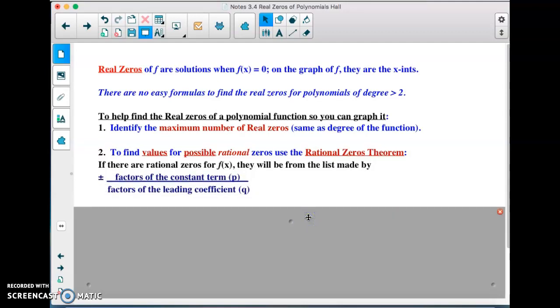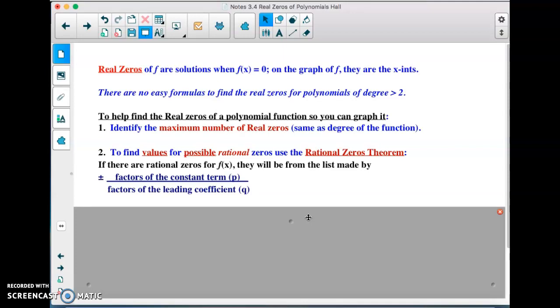Number 2, to find values for possible rational zeros, use the rational zeros theorem. If there are rational zeros for f of x, they will be from the list made by plus or minus the factors of p over plus or minus the factors of the leading coefficient q. P are the factors of the constant term from your function.